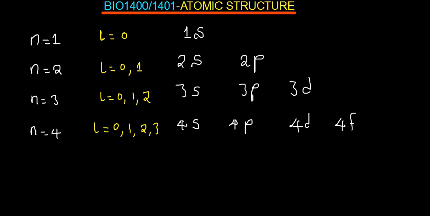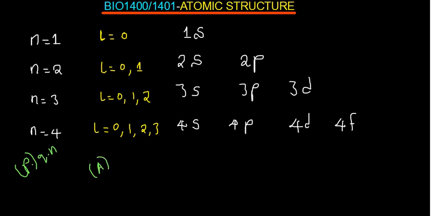Again, remember n is the principal quantum number, or the shell. n is representing the shell. And then L represents the angular momentum quantum number.